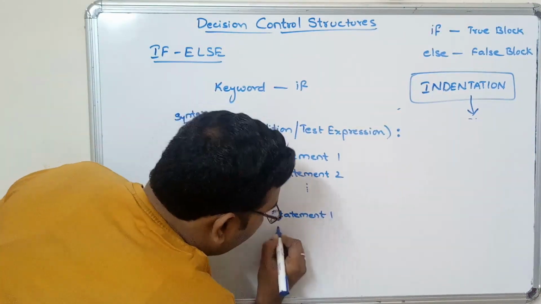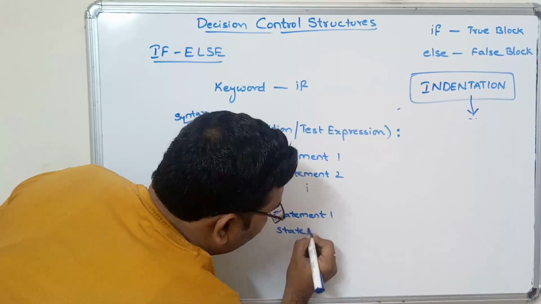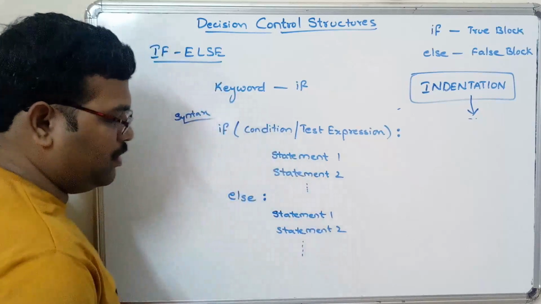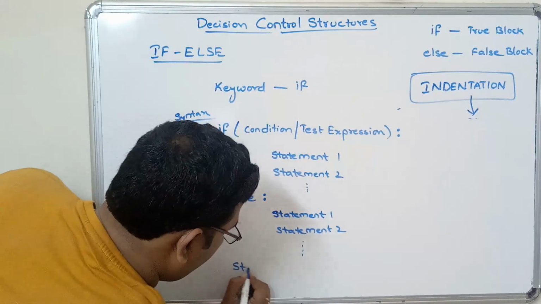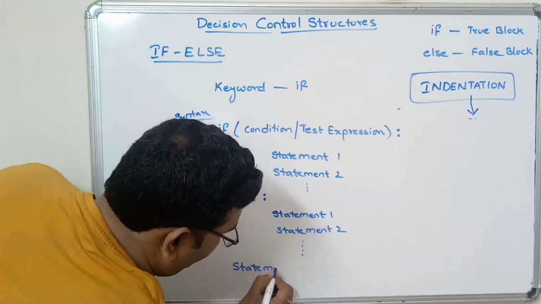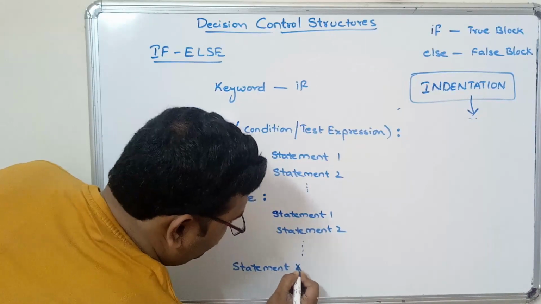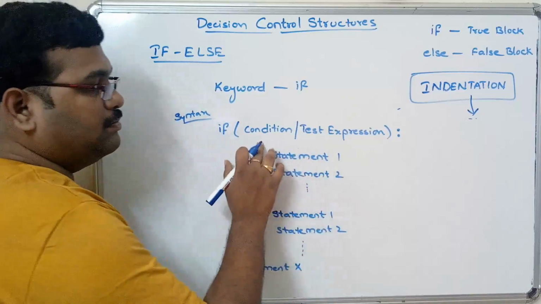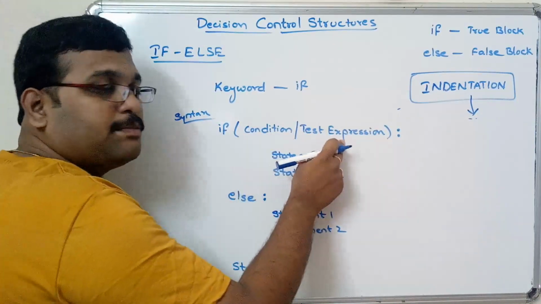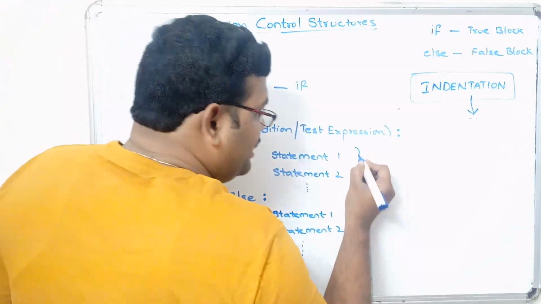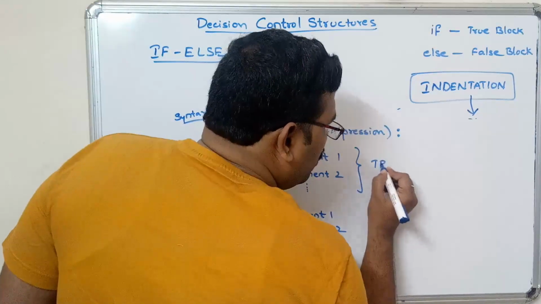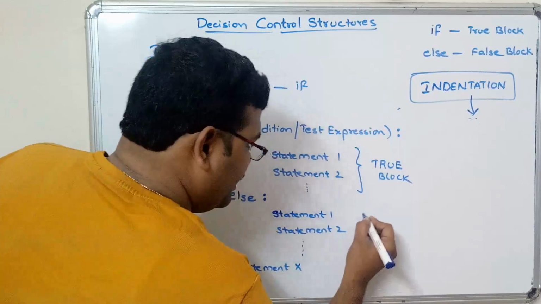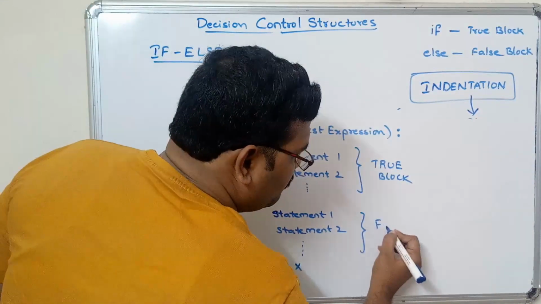So statement 1, statement 2, and so on, statement X. See here, this condition or test expression, this is called a true block and this is called a false block, right?